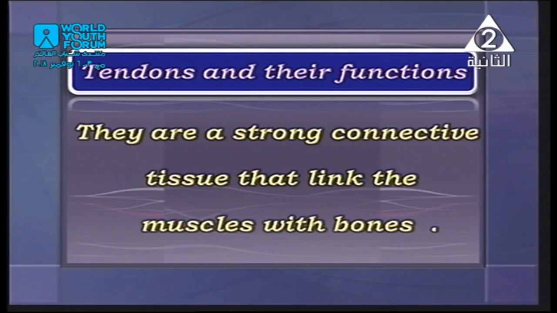Sometimes they don't allow any movement, like the joint between bones of the skull. At this side, we need more support, so we have a ligament. But what about the muscle itself? We need the muscle to contract and relax, so we need to fix it on the bone. The fixation of the muscle on the bone is the function of tendons inside your body.